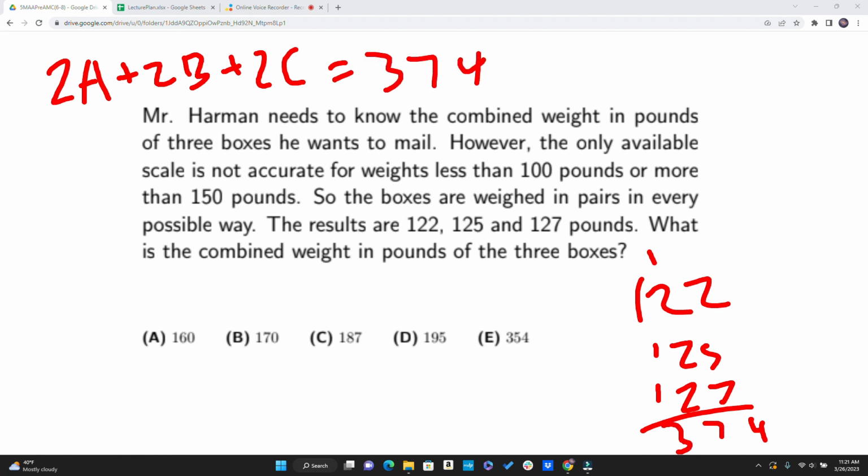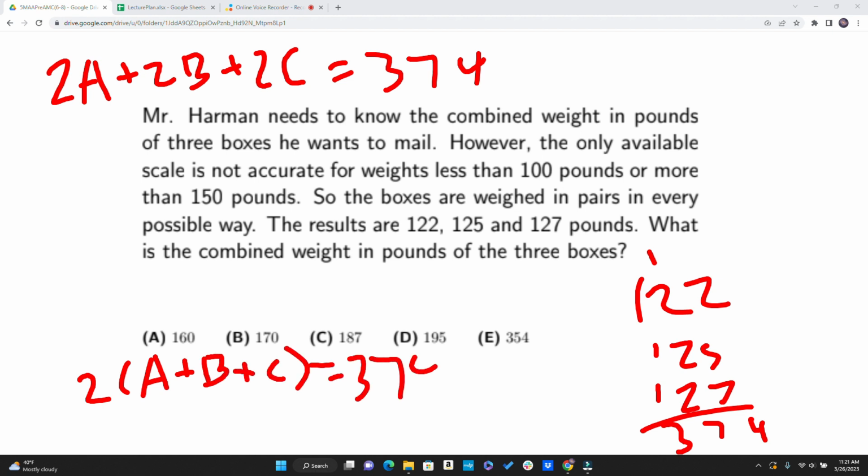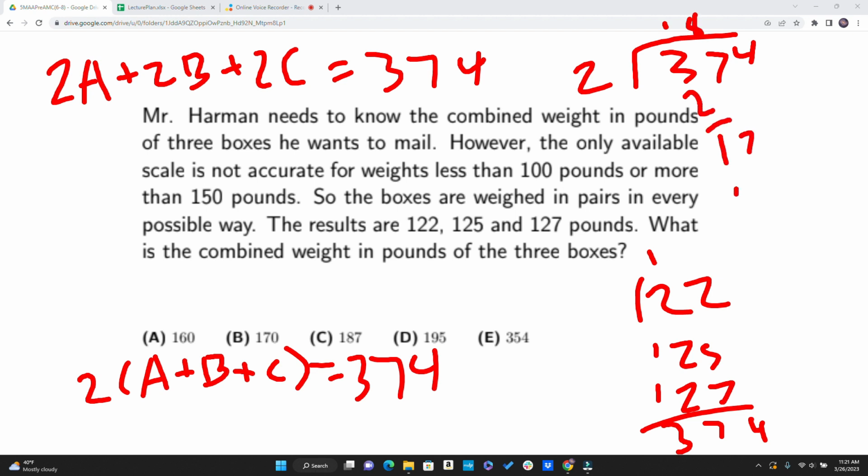So 2 times A plus B plus C is 374. We just want 1 time A plus B plus C, right? So we can divide by 2. 374 divided by 2. What do we get? $187. That's answer choice C.